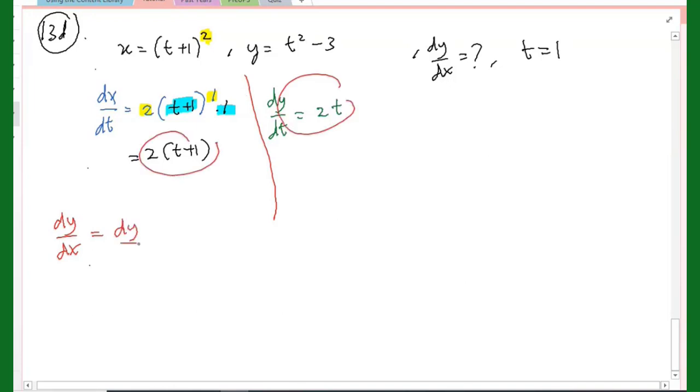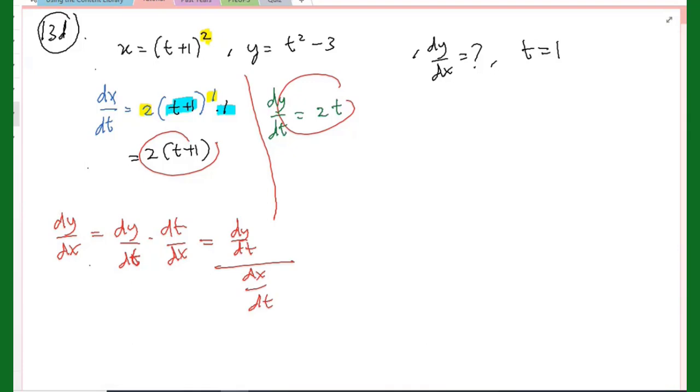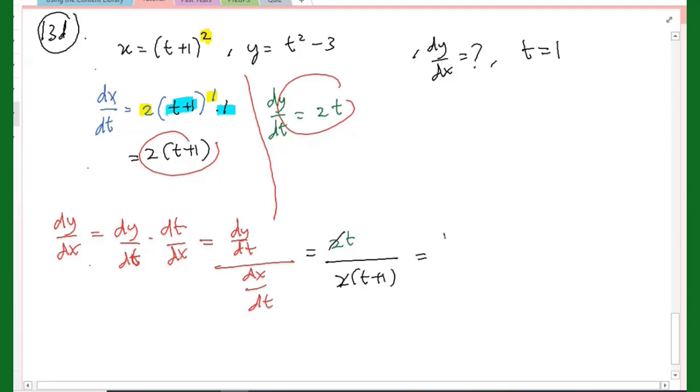The formula is dy/dt over dx/dt. Okay, let's change pen. So 2t over 2(t plus 1). If we cancel, we get t over t plus 1.